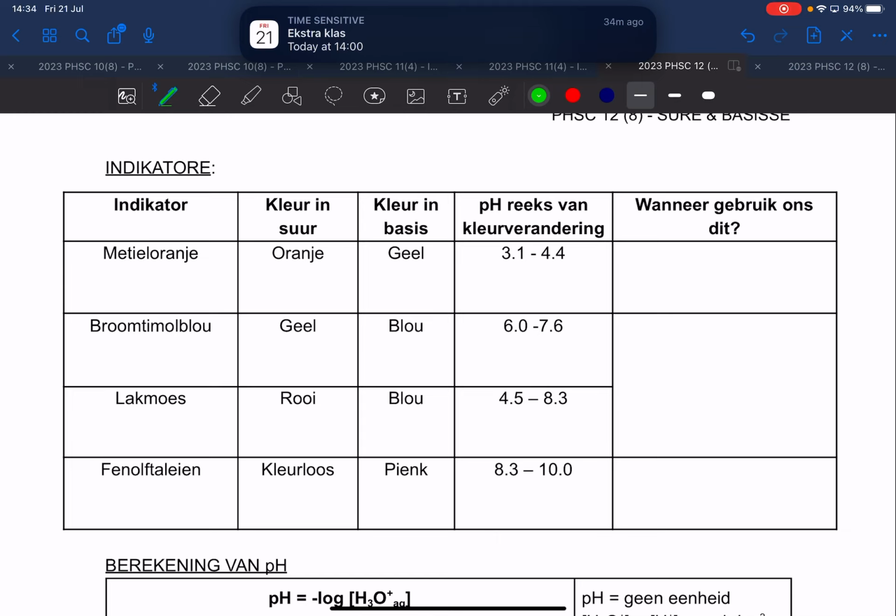We're going to look at methyl orange, broomthymol blue, BTB, lakmoes of litmuspapier en phenolphthalein. Okay, daai 4.